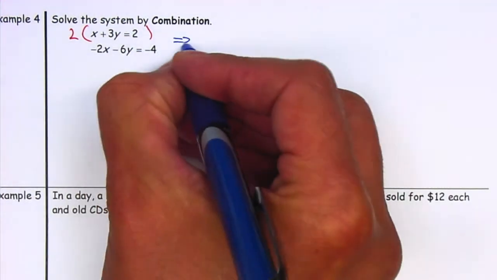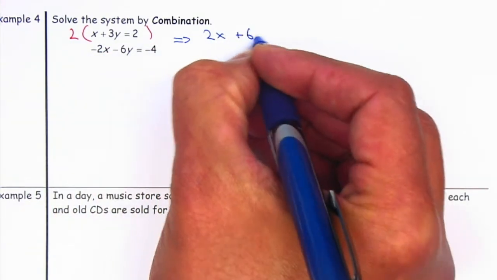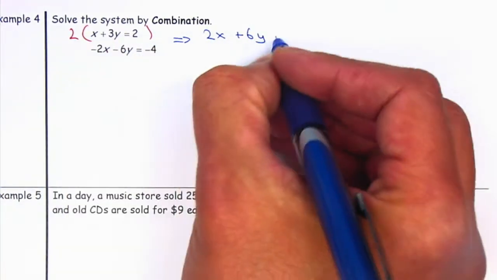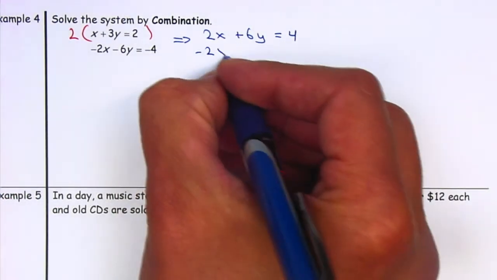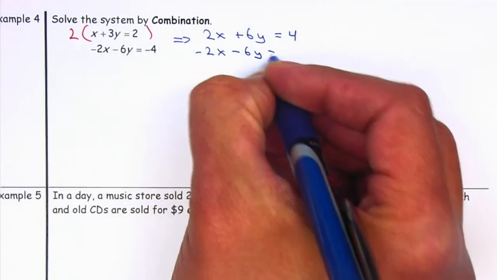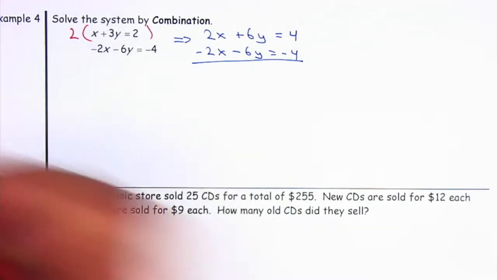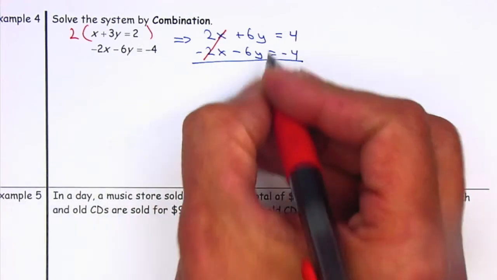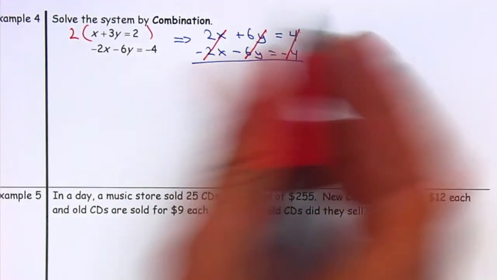So 2 times x will give me 2x. 2 times 3y will give me 6y. 2 times 2 will give me 4. The bottom one will stay the same. And now the x's cancel, but notice that the y's also cancel, and in this case also the numbers.